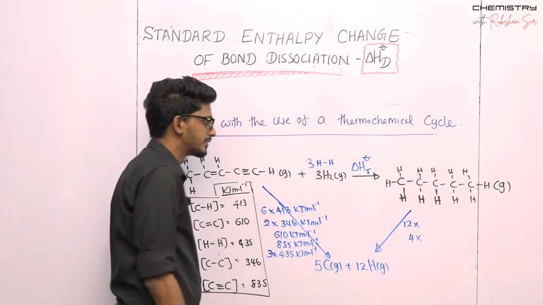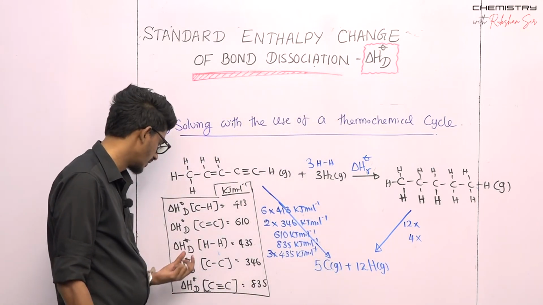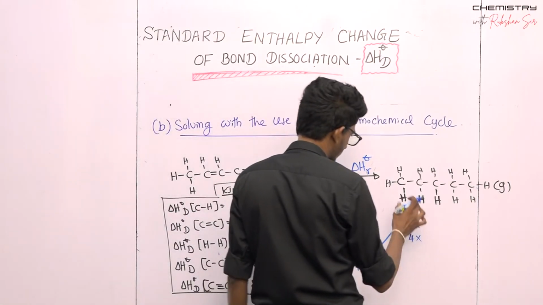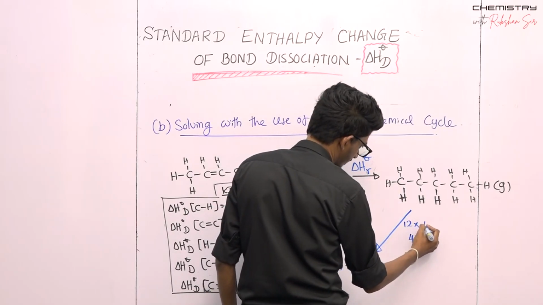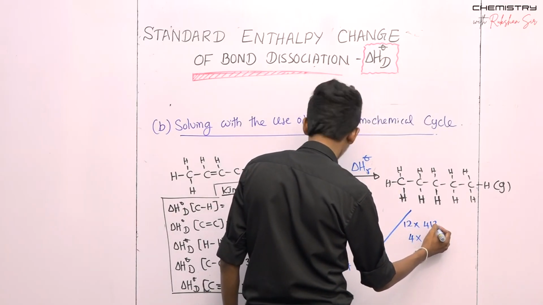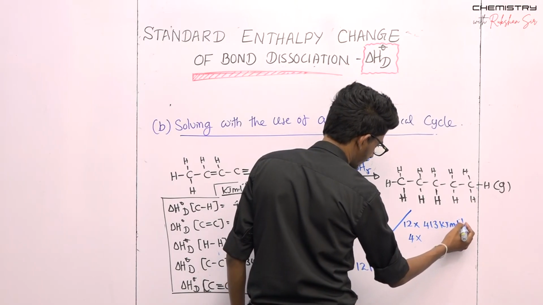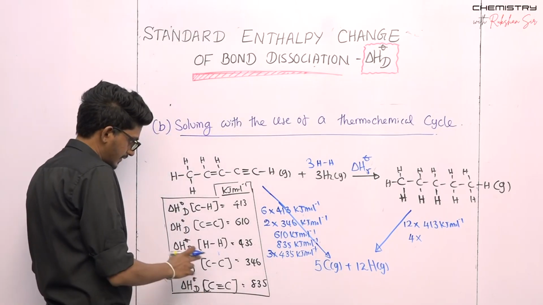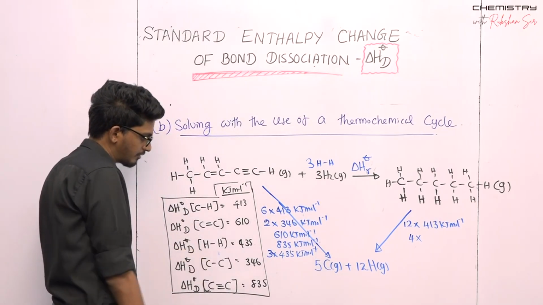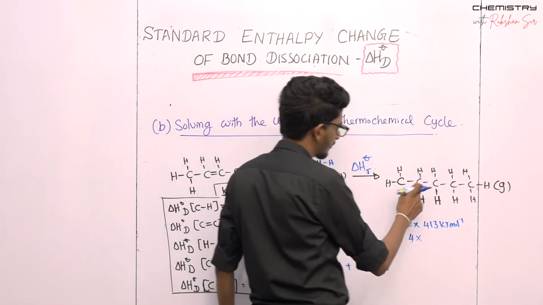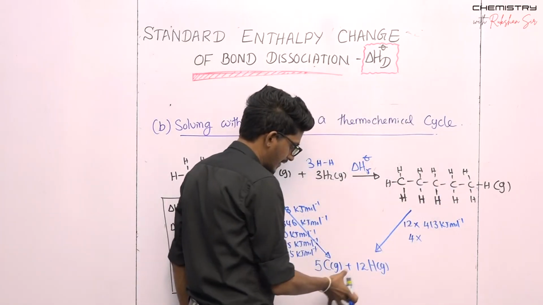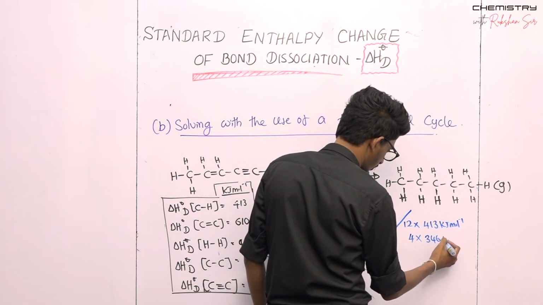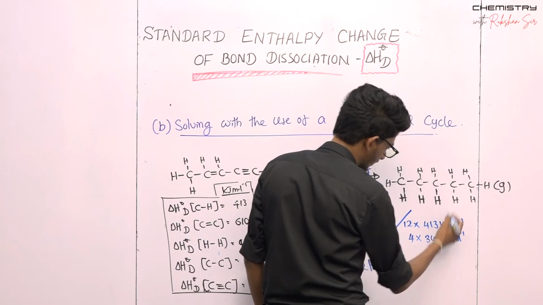To break one CH bond, you need 413 kilojoules of heat, but you need 12 such CH bonds broken, so 12 into 413 kilojoules per mole. To break one CC bond, you need 346, but now you need to break 4 CC bonds to come up with the monoatomic gaseous forms, right? So that is 346 into 4.